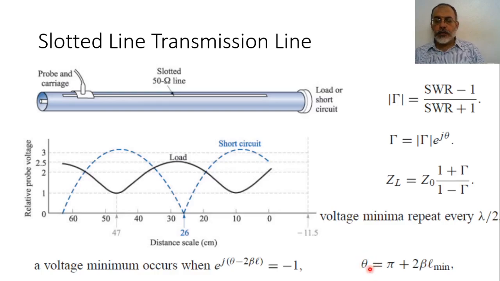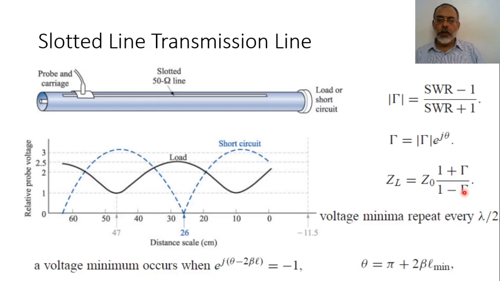Now, if we obtain theta from the location of the minimum, and previously we obtained the magnitude of the reflection coefficient, we can find the complex reflection coefficient. The complex reflection coefficient would be the magnitude multiplied by the phase, e to the power j theta. By knowing the complex reflection coefficient, we can obtain the load impedance as Z load equals Z naught multiplied by 1 plus gamma over 1 minus gamma.